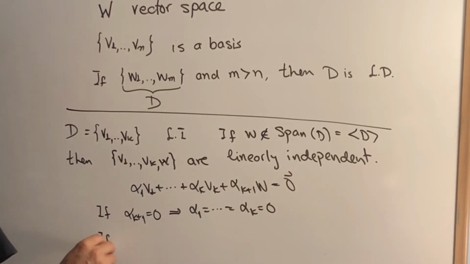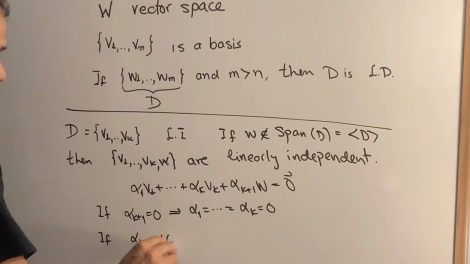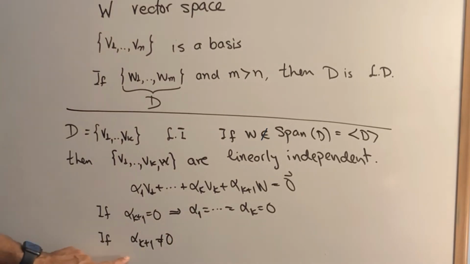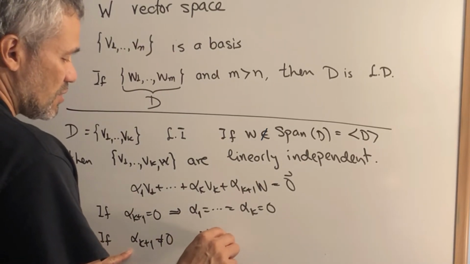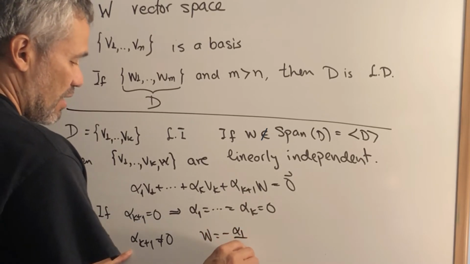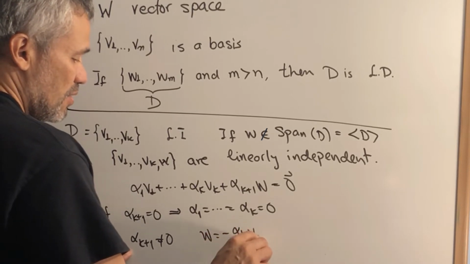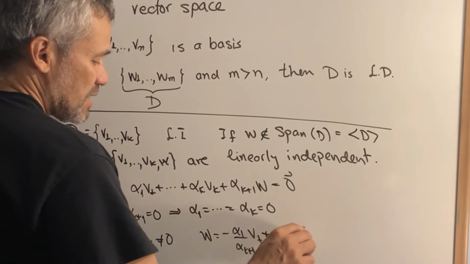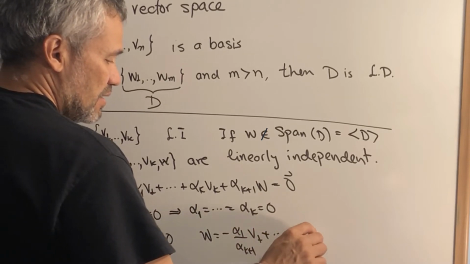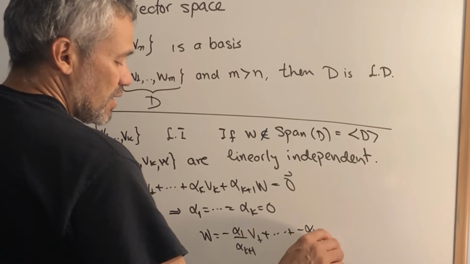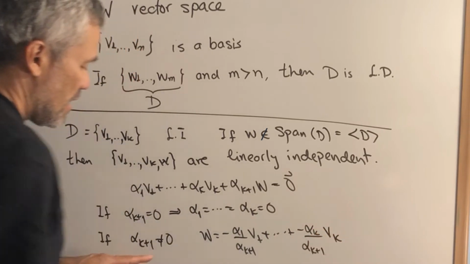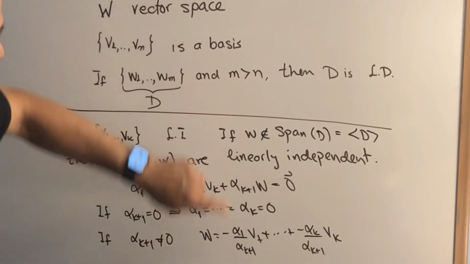Now, if alpha k plus 1 is different from 0, then we get that this is not possible. Because if this is possible, that means that W is equal to negative alpha 1 over alpha k plus 1 b sub 1 plus ... negative alpha k over alpha k plus 1 b sub k, and we are assuming that W is not in the span.